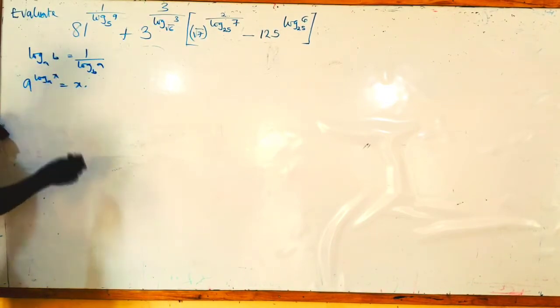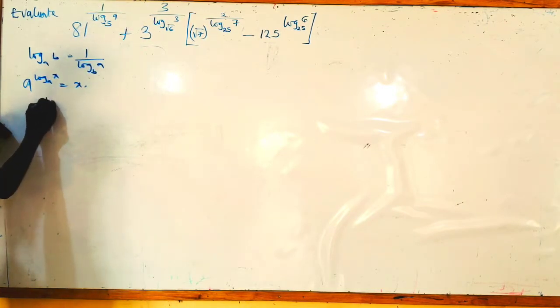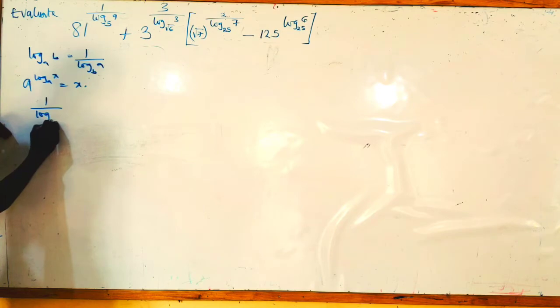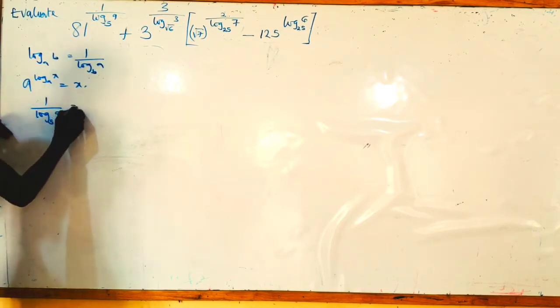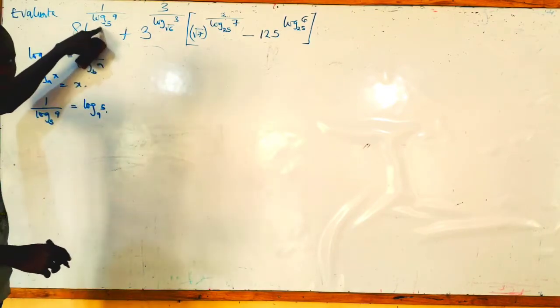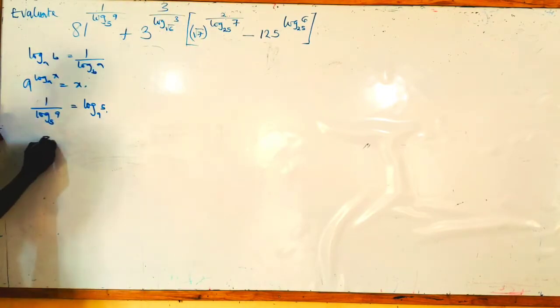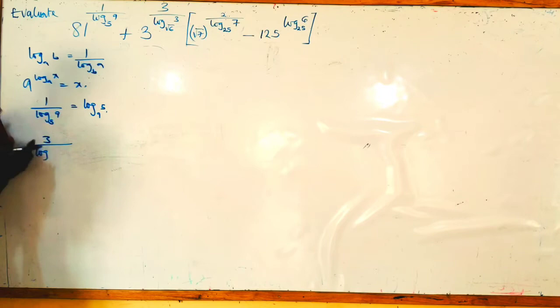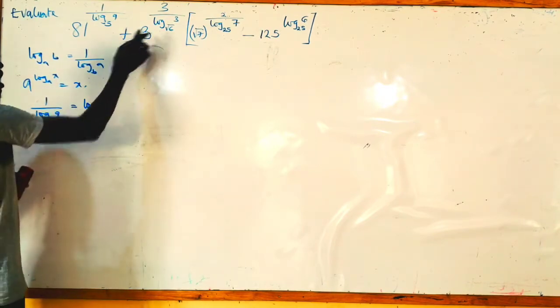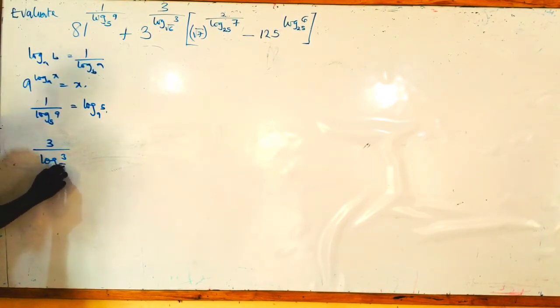If I apply the change of base formula here, my 1 over log 9 base 5 using change of base should be equals to log 5 base 9. That is number 1. In this case here, what we have is 3 all over log 3 root 6.